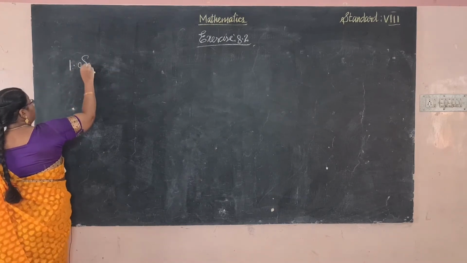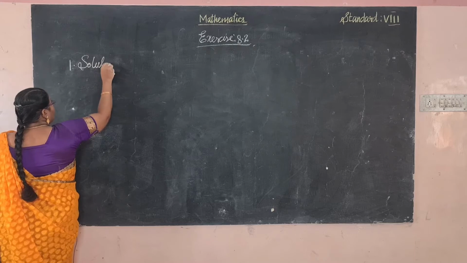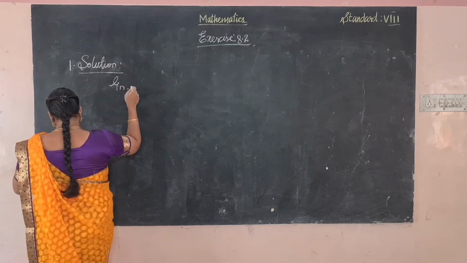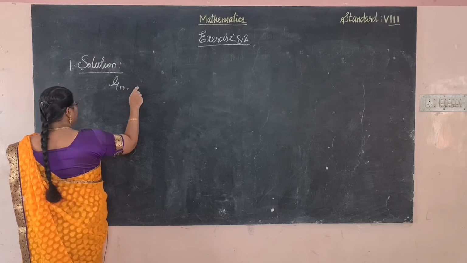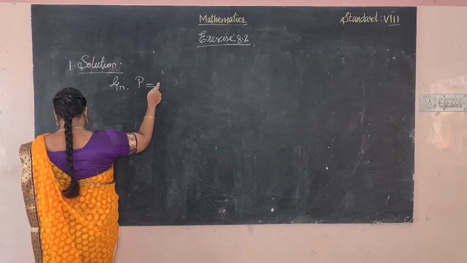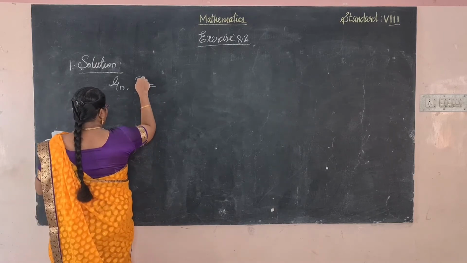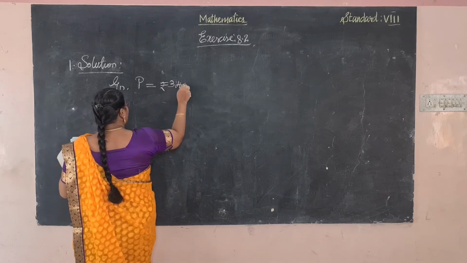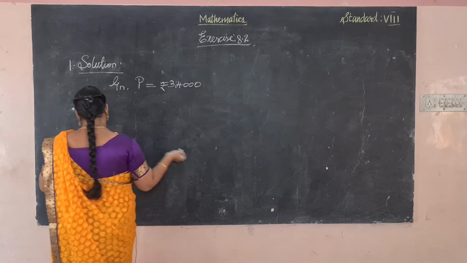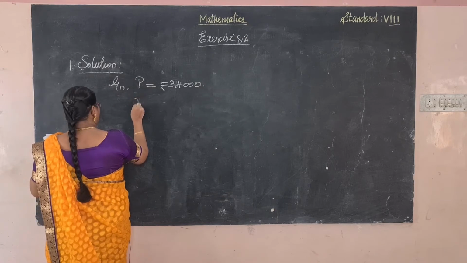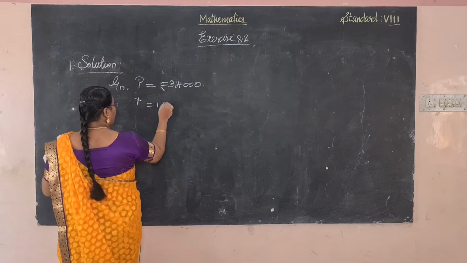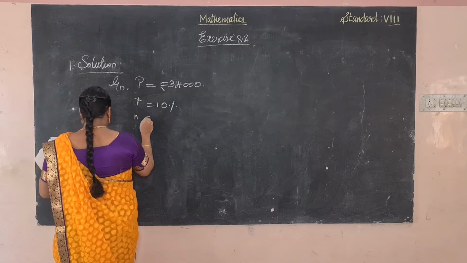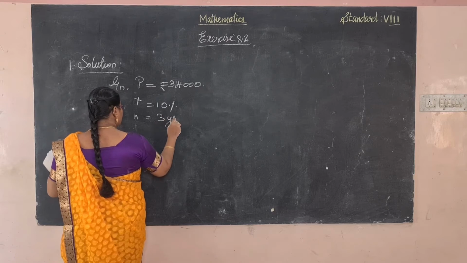First problem. Given: we have to find the compound interest. Principal amount is rupees 34,000, rate of interest is 10%, and number of years n is 3 years.